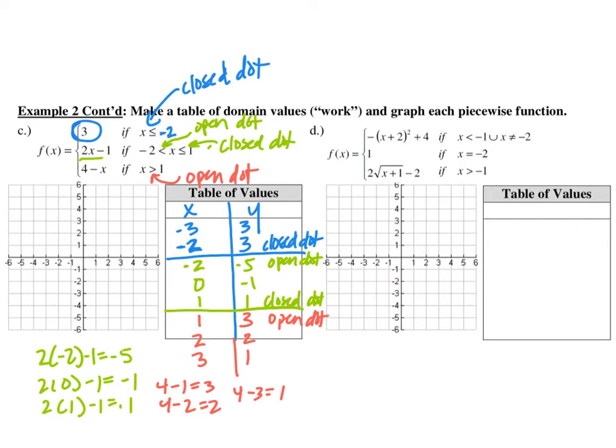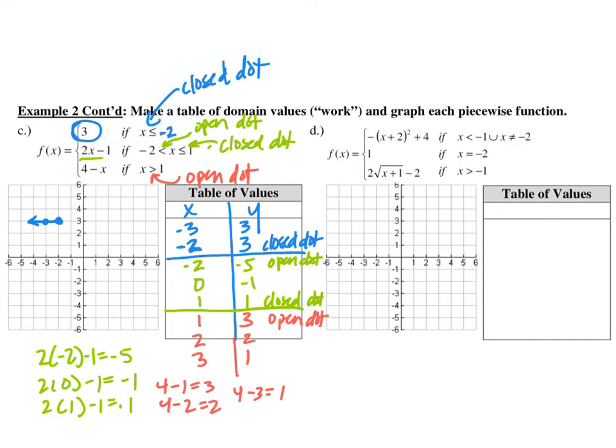So now let's go plot these points. -3, 3. -2, 3, and that is the closed dot. And this is less than or equal to, so it's going to move to the left. Now we're going to move to the next one.